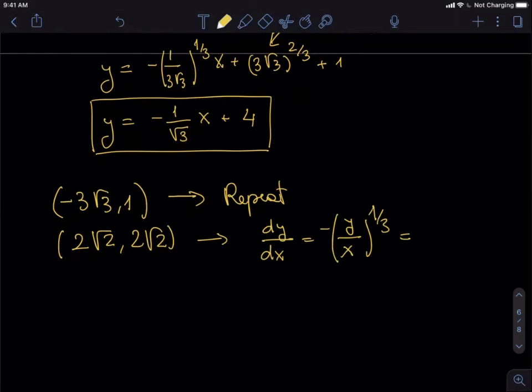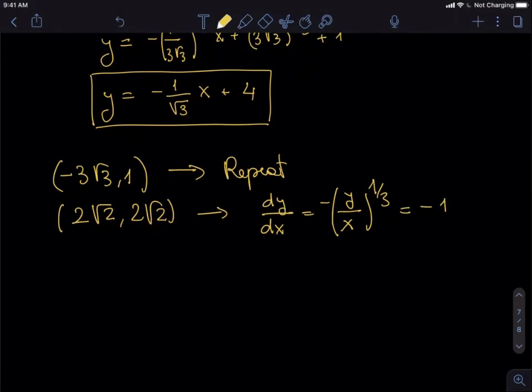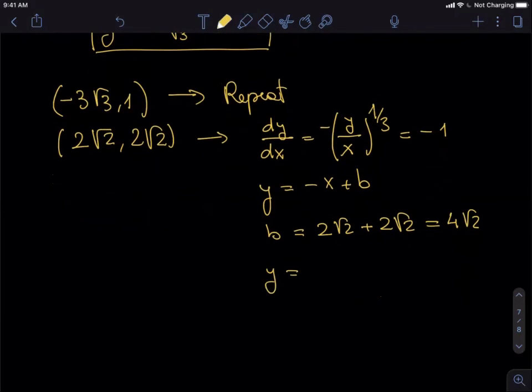There we go. Then the slope is -1. Okay, so we have y equals minus x plus b. So we have that b equals 2 square root of 2 plus 2 square root of 2, which makes 4 square root of 2. And the tangent is -x plus 4 square root of 2.